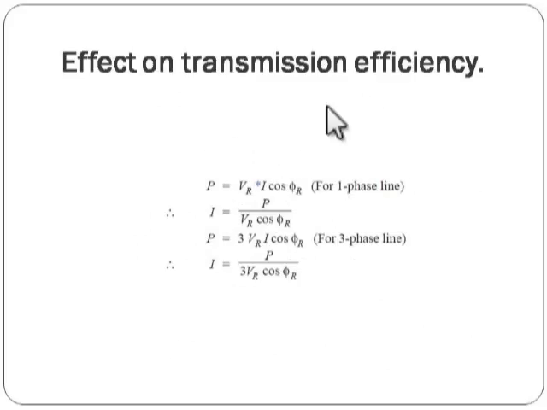Next one is the effect on transmission efficiency. For the single phase line, the power P is equal to V_R I cos φ_R. So from this expression, I may get my current. Current is nothing but P divided by V_R cos φ_R. Similarly, for a three-phase line, P is equal to 3 times V_R I cos φ_R, and similarly current I is equal to P by 3 V_R cos φ_R.